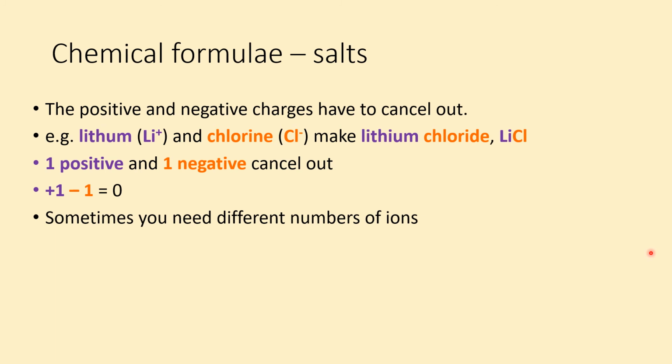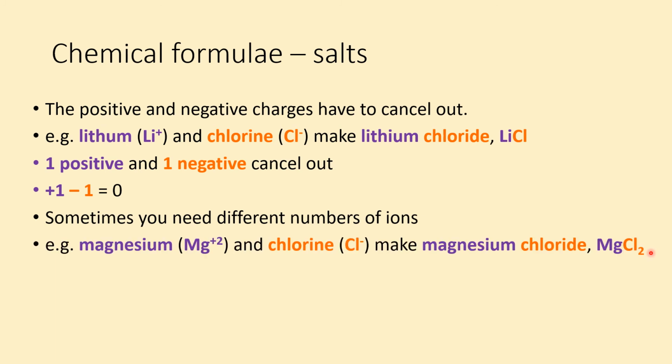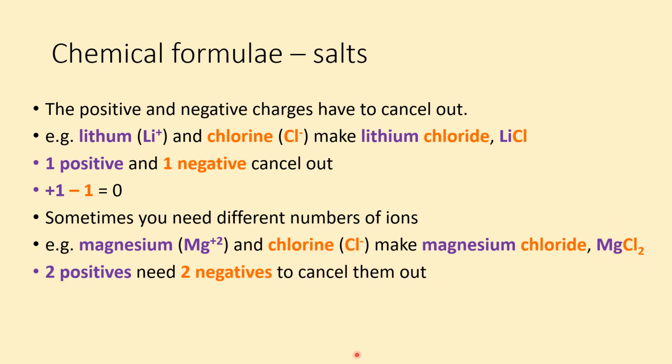However, sometimes you need different numbers of ions. So for example, magnesium ion has a charge of +2 and the chloride ion has a charge of -1. So we get MgCl2, and that's because 2 positives need 2 negatives to cancel them out. So we've got your 2+ from the magnesium, and you need 2 of your chloride ions to cancel out and make 0.